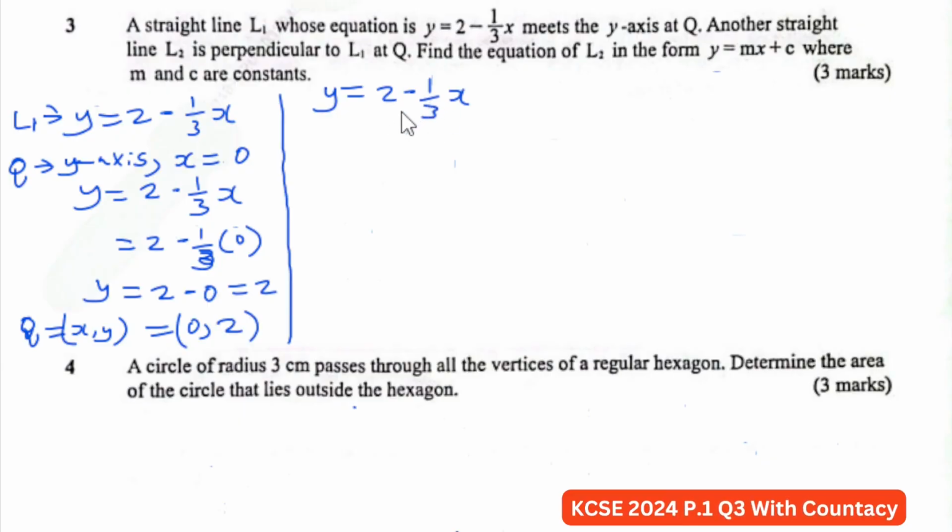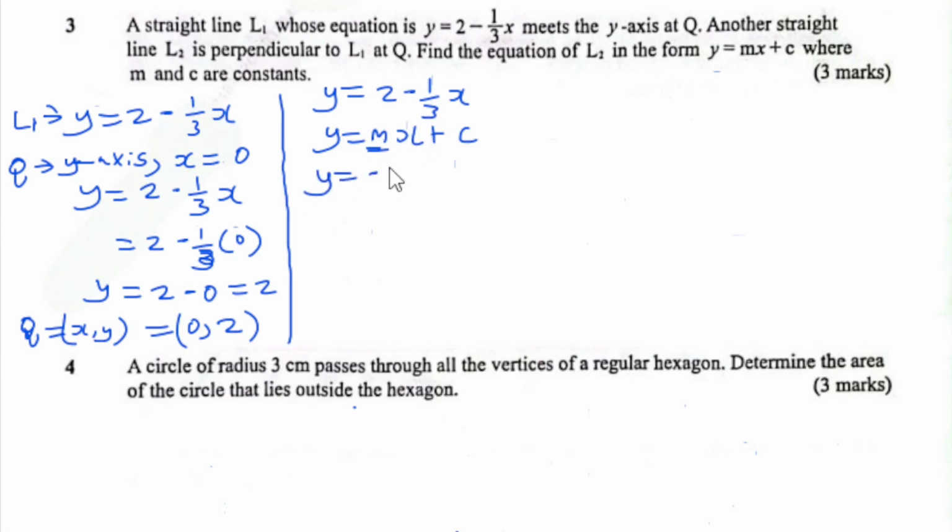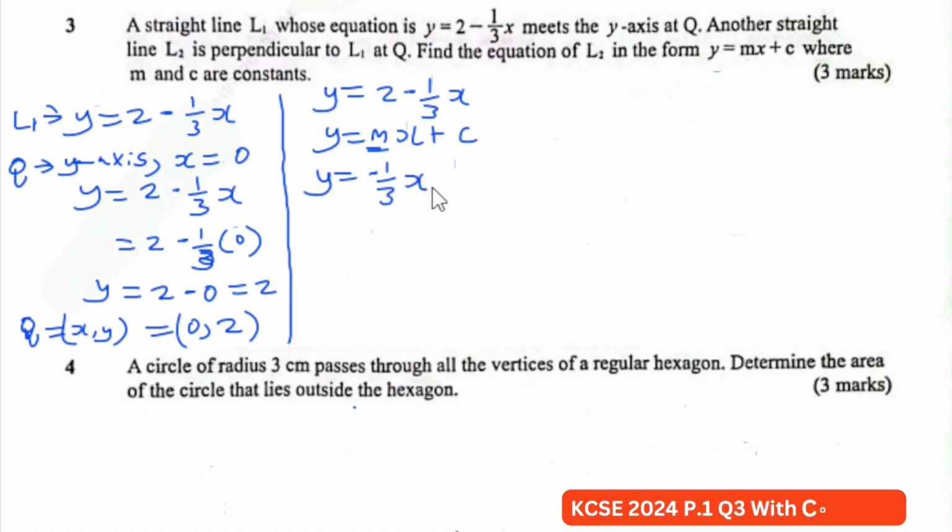We can find it, but the way that we can find it is if we rearrange this in terms of y equals mx plus c, so that we are able to find the value of m. If we rearrange this into its correct order, we get y equals minus a third x plus 2. And definitely the gradient for this one, we can call it gradient 1, is equal to negative a third.